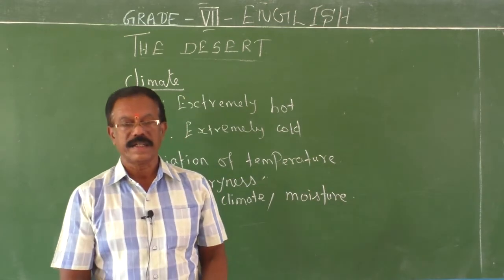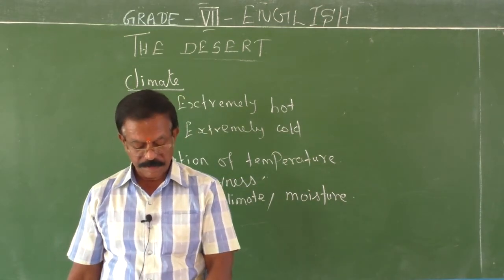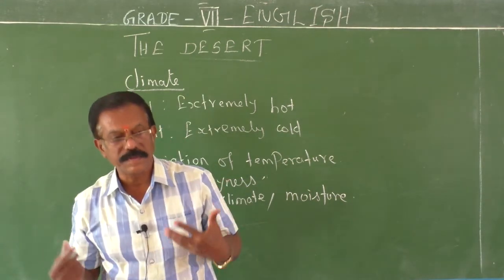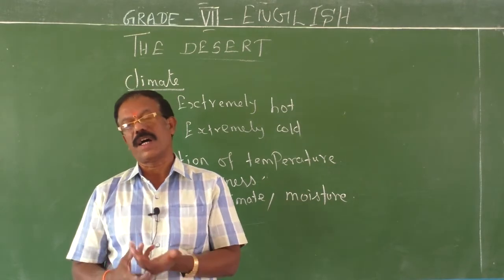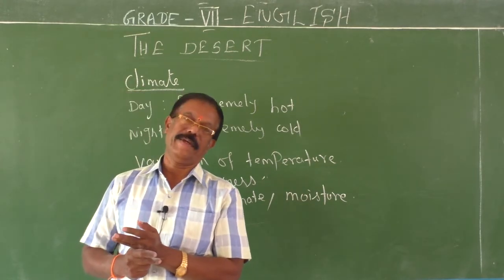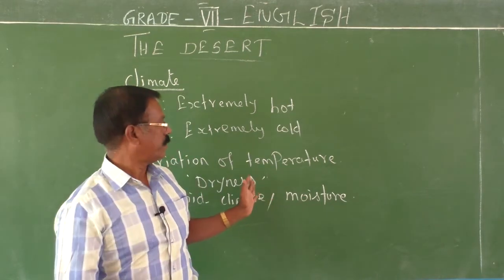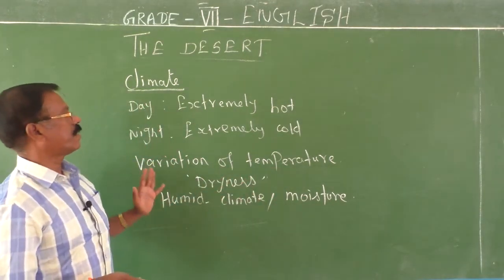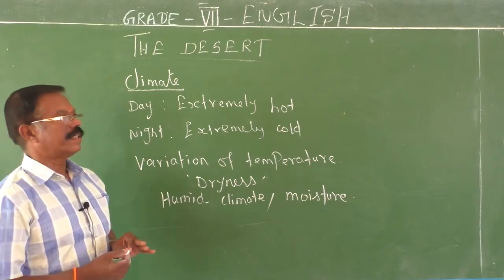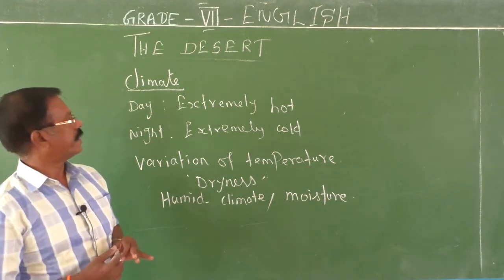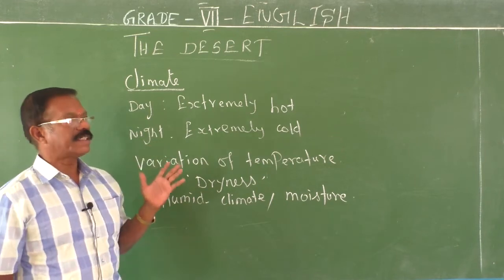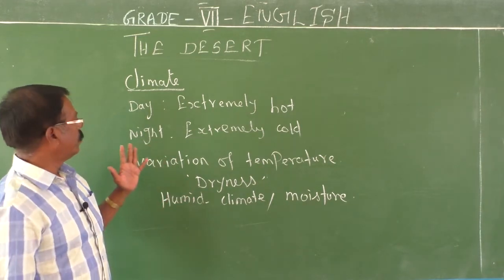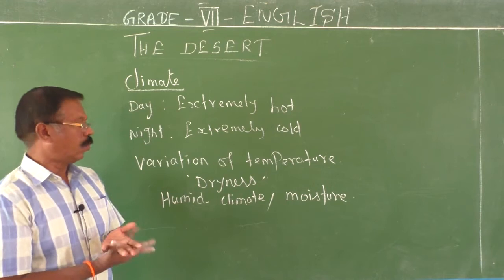And how do these animals and plants adapt to such a harsh and dry climate? The variation of temperature is another significant feature of this desert. During the daytime it is extremely hot. During the night time it is extremely cold.